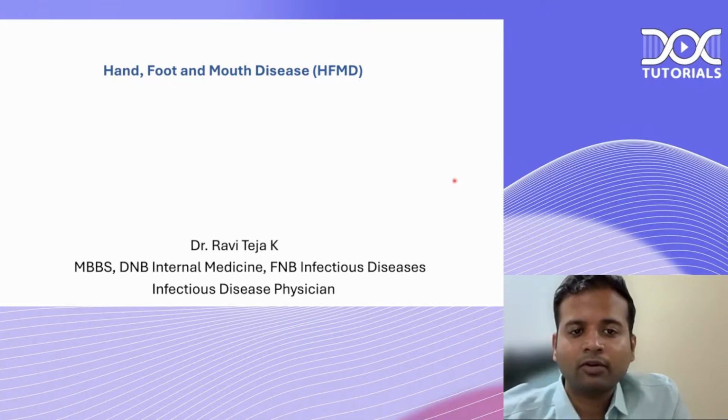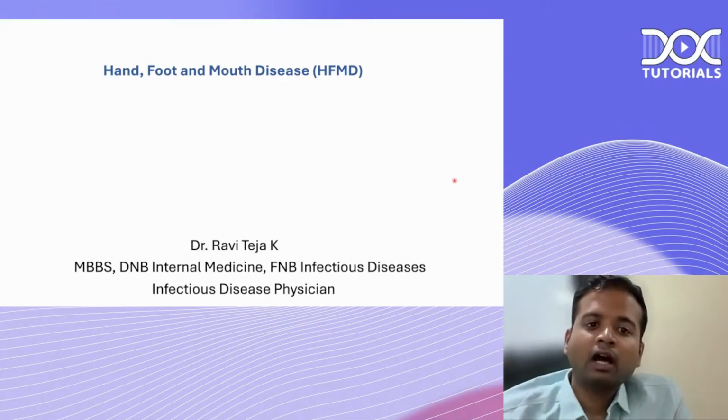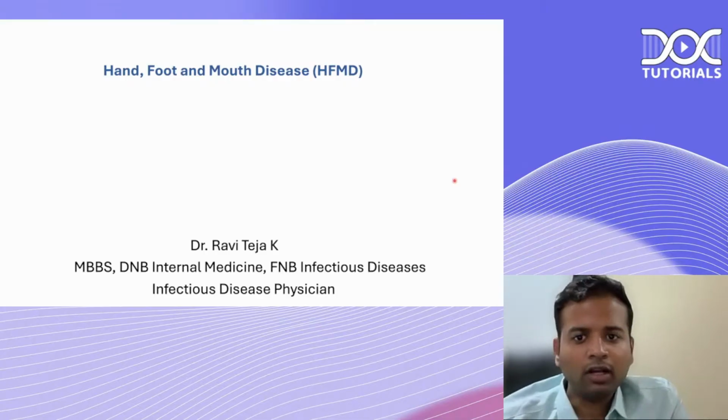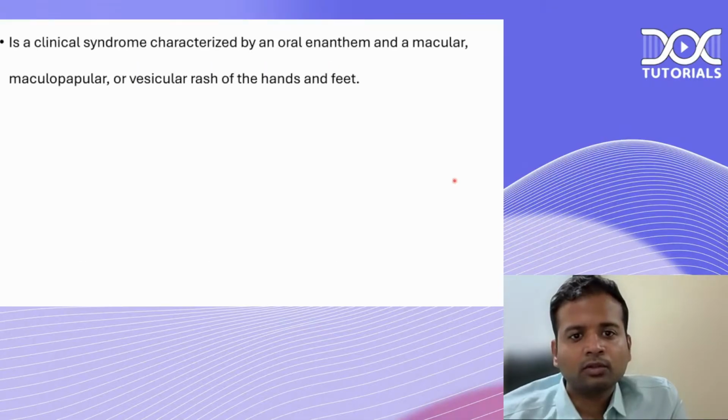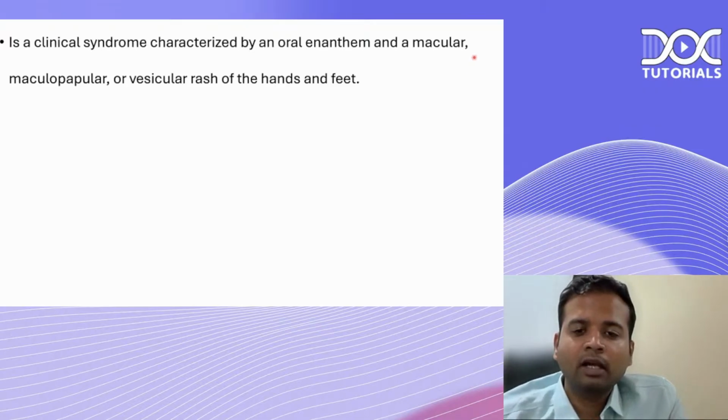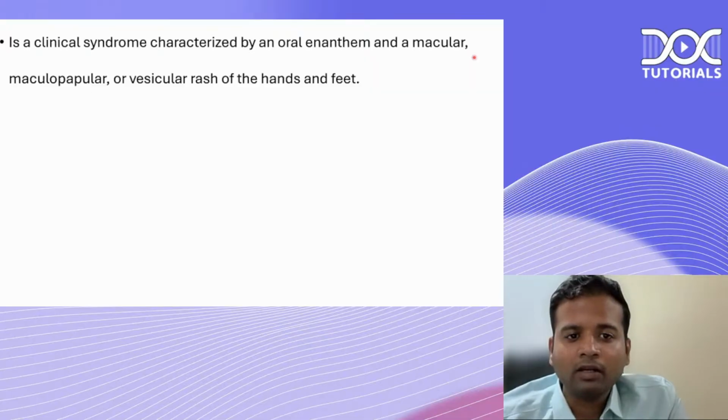So today we are going to discuss one important clinical syndrome, which is hand, foot, and mouth disease, called HFMD. Hand, foot, and mouth disease is a clinical syndrome characterized by oral enanthem and a maculopapular or vesicular rash of the hands and feet.